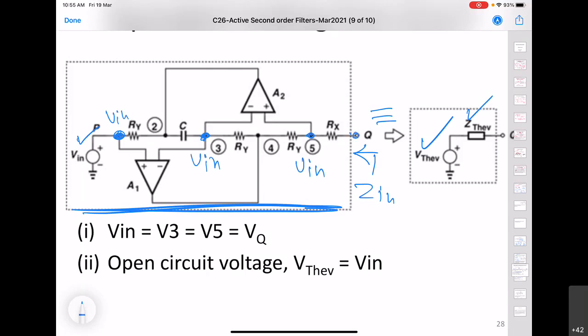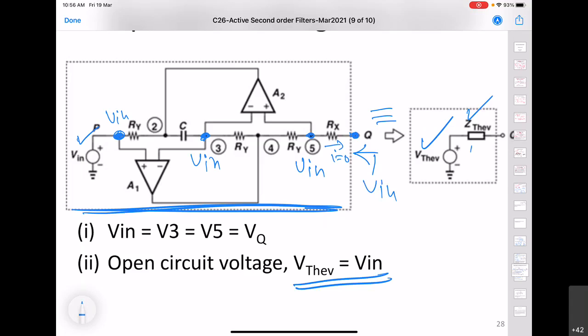And for finding Thevenin, we keep this output port open, so there is no current through this Rx. That means the voltage that we will see here is also going to be V in. So the Thevenin voltage is going to be the same as V in.